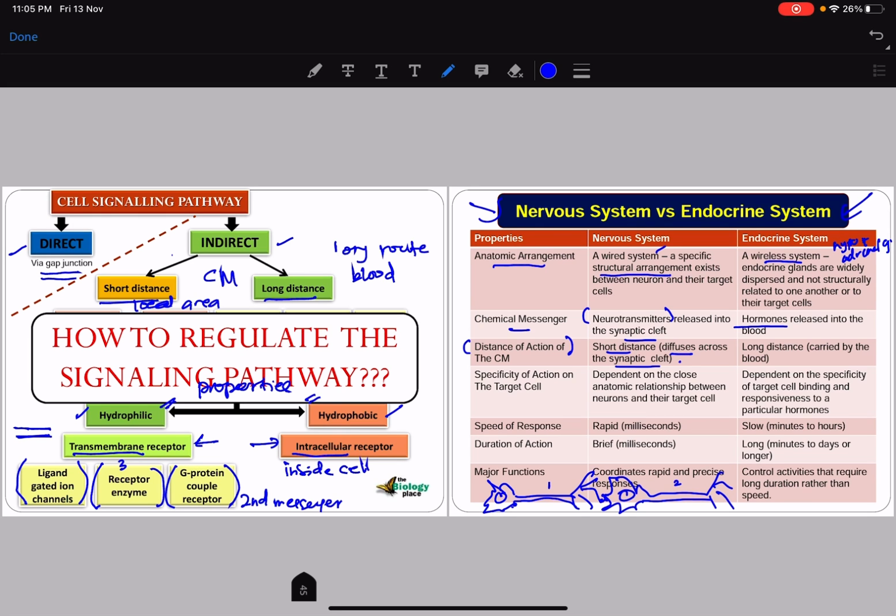For the endocrine system, it is long distance. The hormone is secreted into the blood, and the blood will carry this hormone to the target area or target organ.